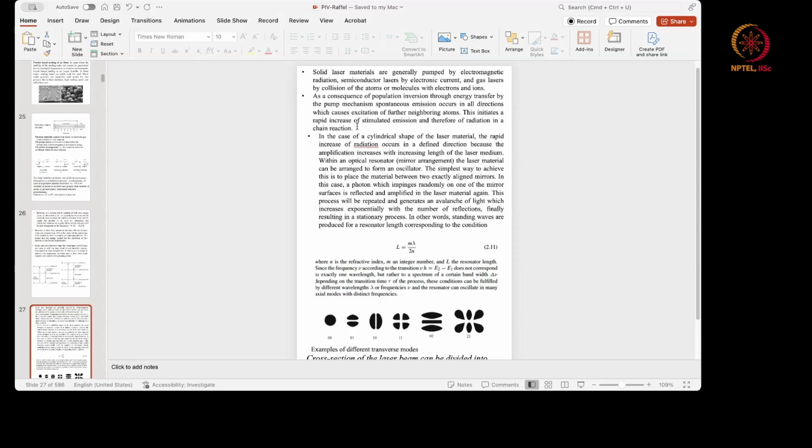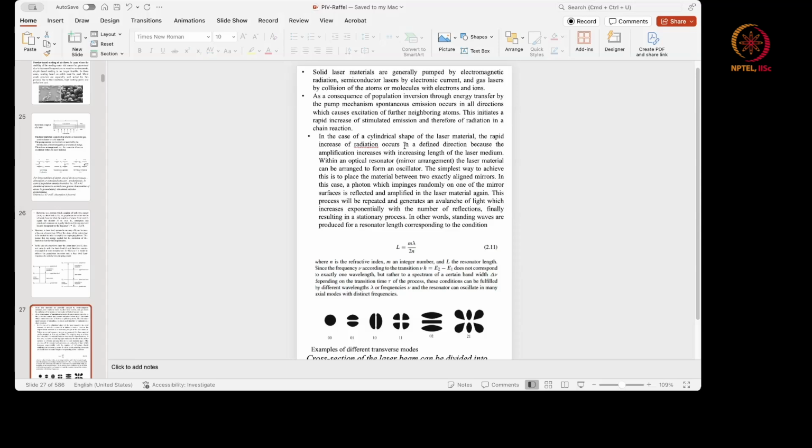If you look at a laser material, it is of cylindrical shape. The rapid increase of radiation occurs in a defined direction, because the amplification increases with increasing length of the laser material. So you have an optical resonator, which is a mirror arrangement for the laser material to form an oscillator.